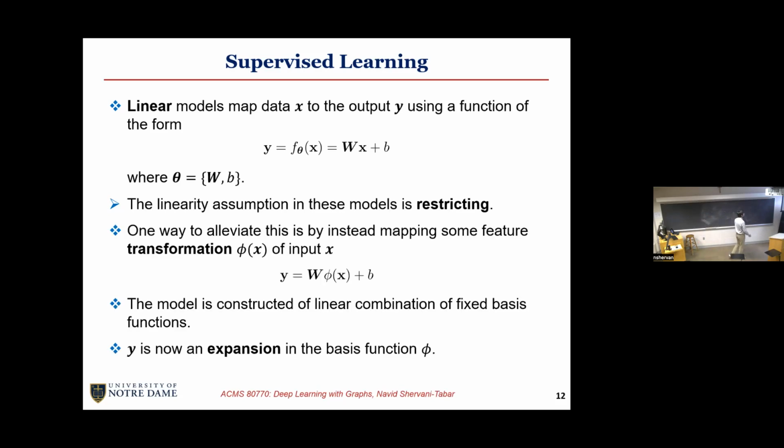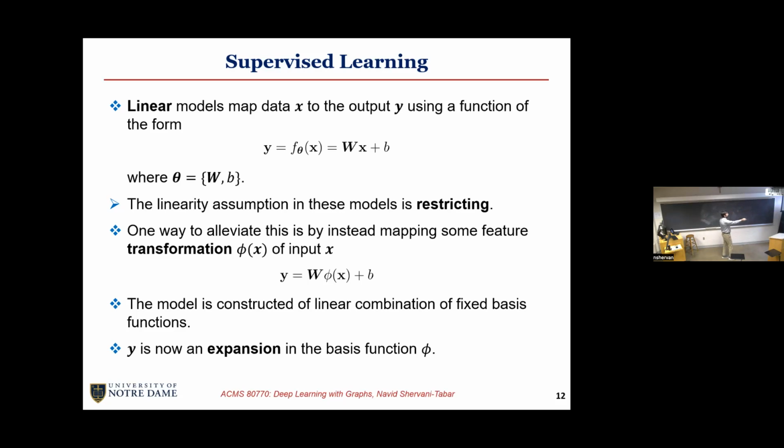Another improvement on this is to not use this X directly in our linear equation. We apply some transformation of X, we call it phi, and then we plug that phi of X into the linear transformation Wx plus b.